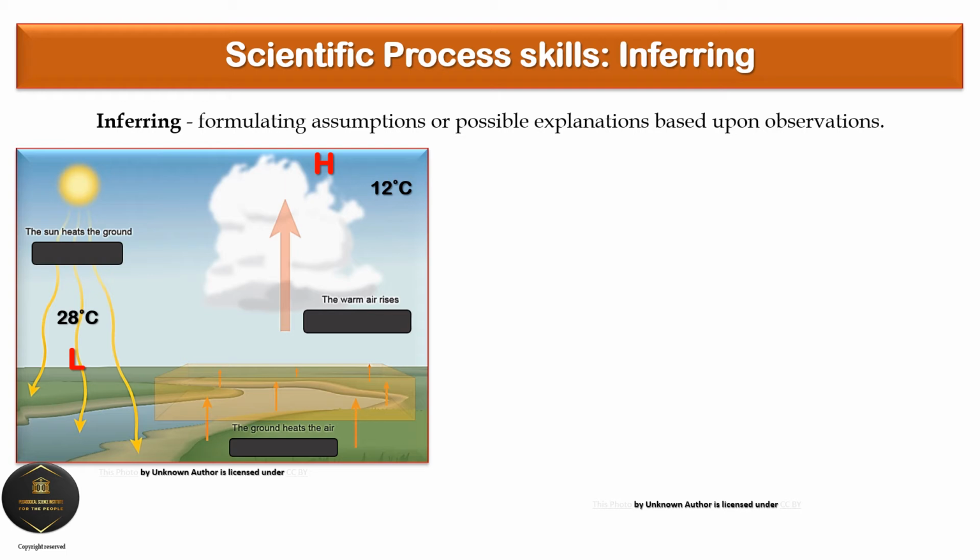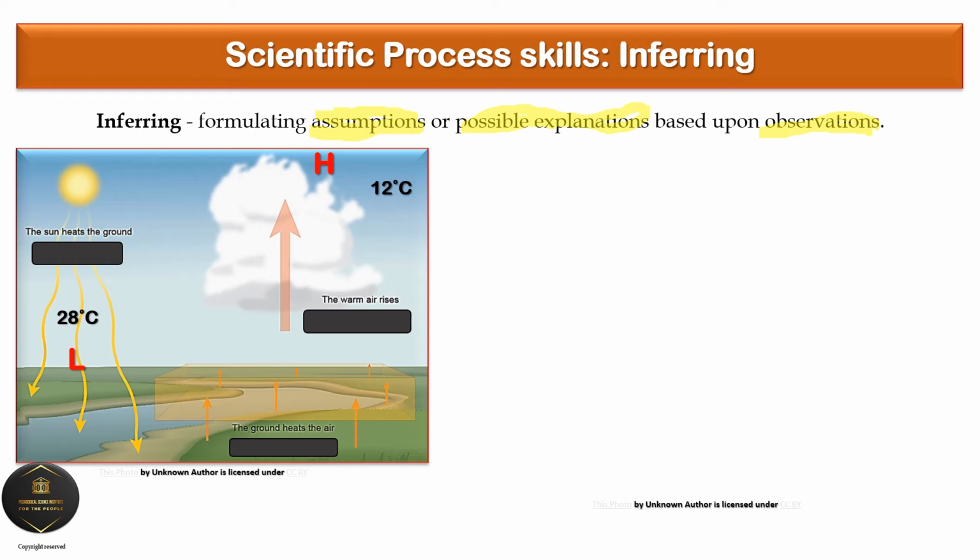It takes us to the inference step. Now, what is inferring? Inferring is formulating assumptions. So you make assumptions or you make possible explanations, and you must notice that inference is based on what? It's based on observation. And remember, when you observe, you also measure.